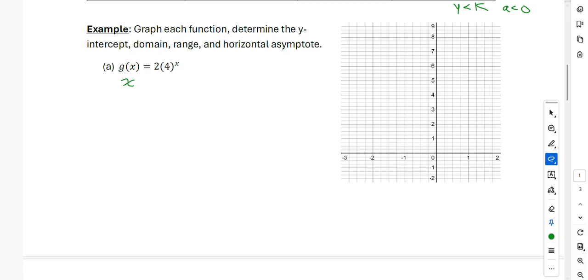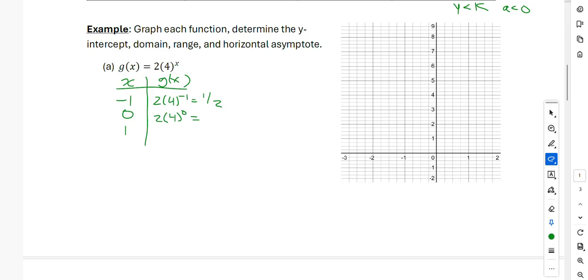So, step 1, I make my table. 2 times 4 raised to the -1. That is 2 divided by 4, which is 1/2, because remember that negative exponent becomes 2 over 4, which is 1/2. 2 times 4 raised to the 0.